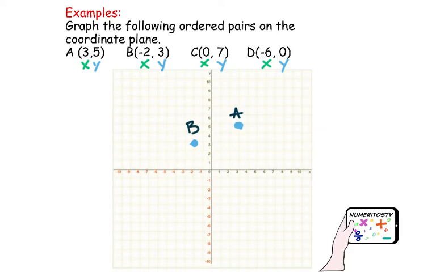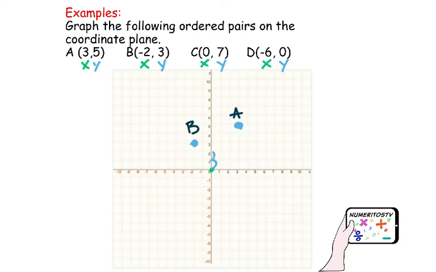Okay, let's do C. Now we got this. So we start in the origin. My x movement is 0. What does that mean? That I don't move to the right or to the left. That means that in x, I stay there. I don't have any movement. So now my y movement, that is 7 positive. So from there, from the origin, I need to move 7 up.